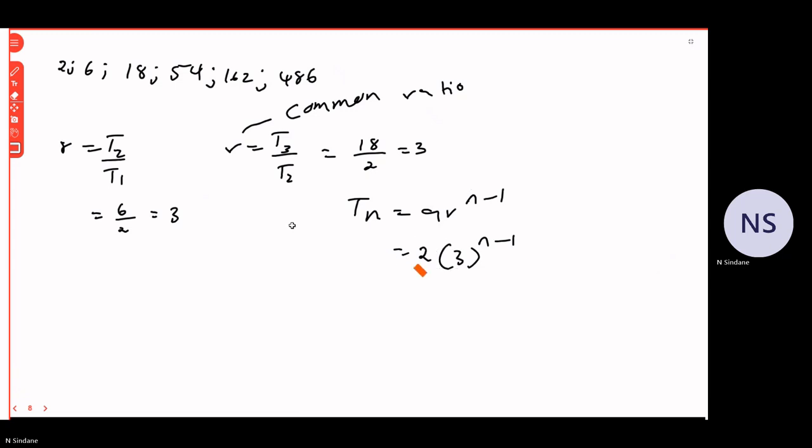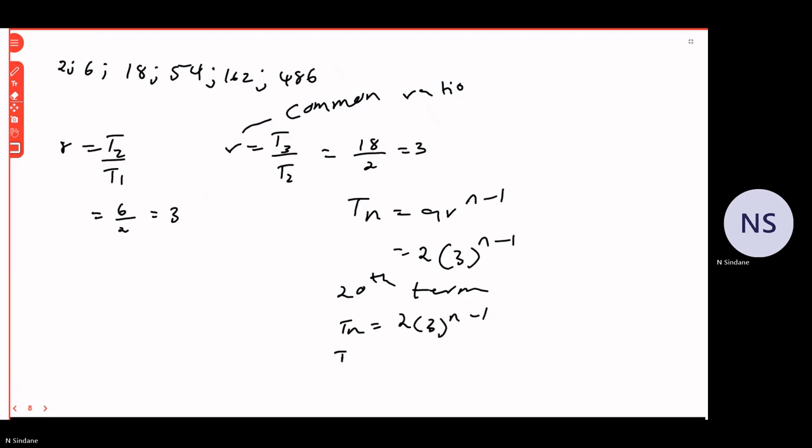Now let's get the 20th term for this. It's going to be very large. So in this case, you'll say Tn is equal to 2 into 3 to the power n minus 1, where now T20 is equal to 2 into 3 to the power 20 minus 1.